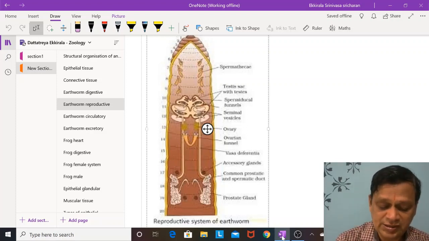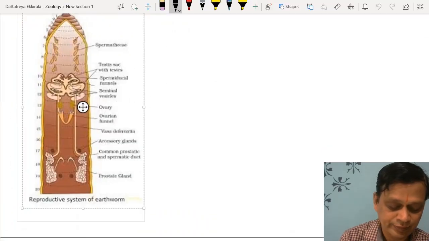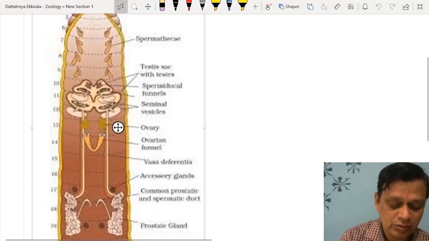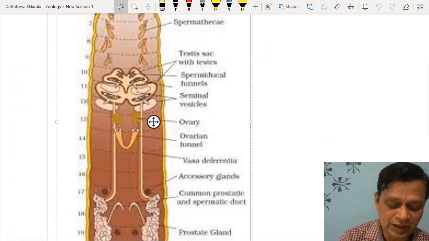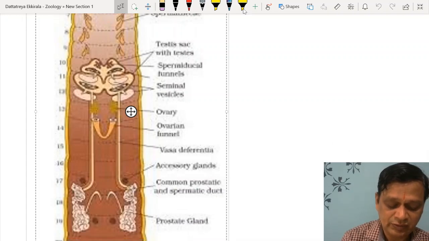And in this, male reproductive system consists of testes, and these testes will be present in 10 and 11 segments.